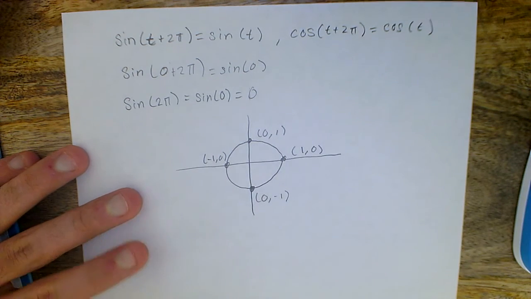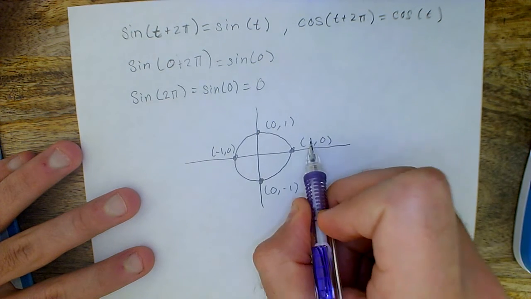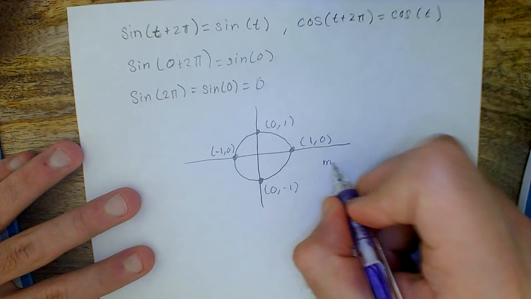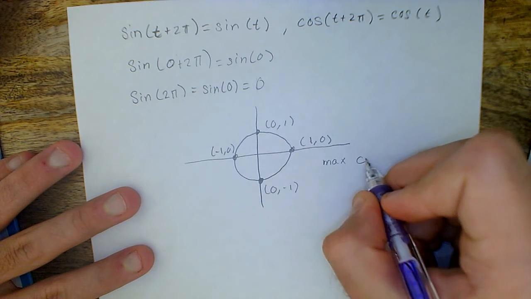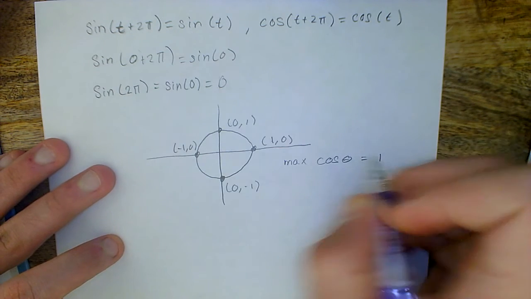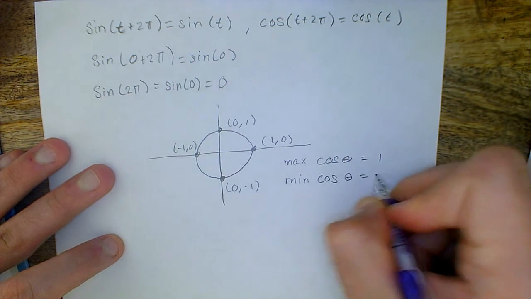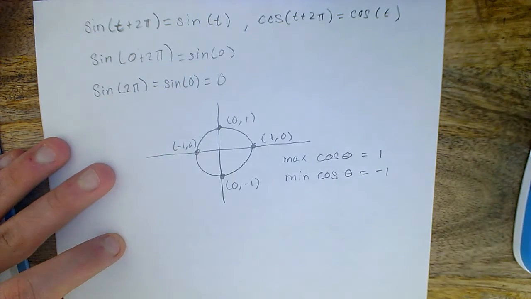So if we wanted to find the minimum and maximum outputs, remember the cosine is the x value, so the max of cosine theta is equal to 1, and the min of cosine is equal to negative 1.